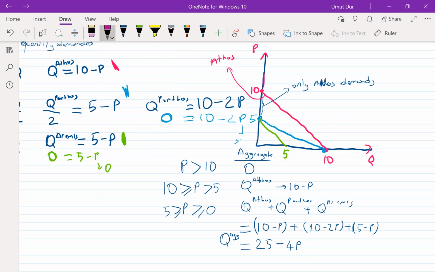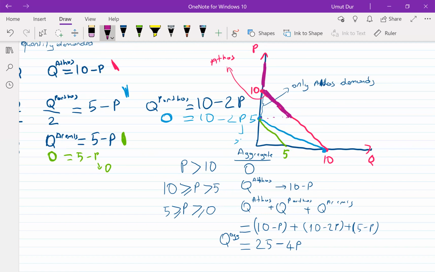When the price is greater than 10, the demand is 0. When the price is between 5 and 10, the aggregate demand will be equal to the demand of the atos. And when the price is less than 5, I need to add up all of them.